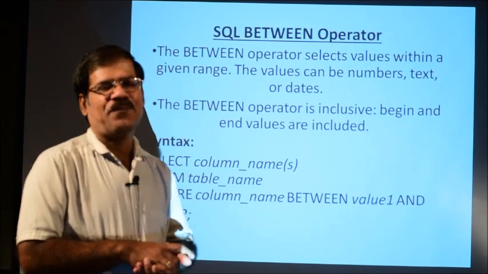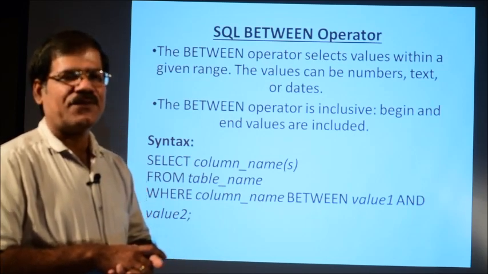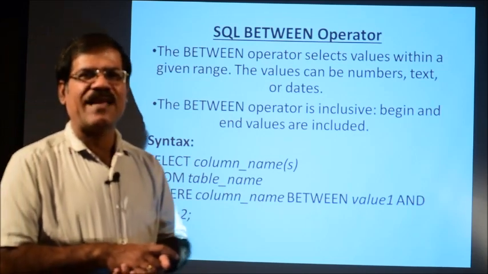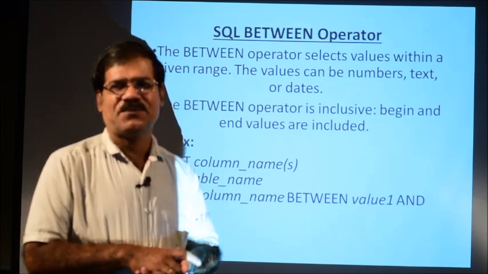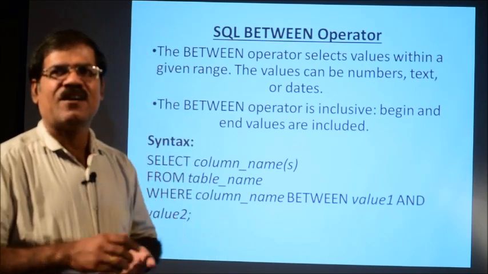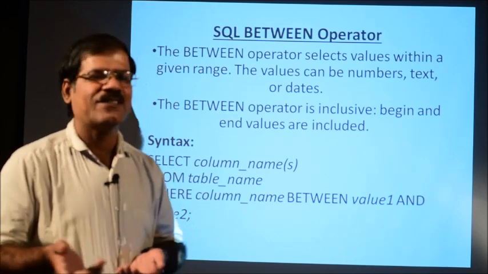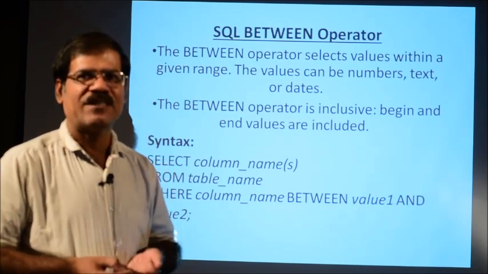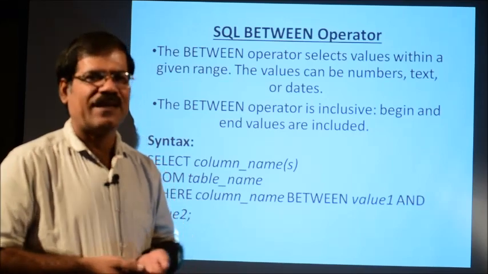Suppose I say show me the details of employees whose salary is from 25,000 to 40,000. That means many employees are there in a particular organization. Some employees have salary 5,000, some 6,000, some 10,000, some 25,000, some 30,000, some 40,000, some maybe 1 lakh.